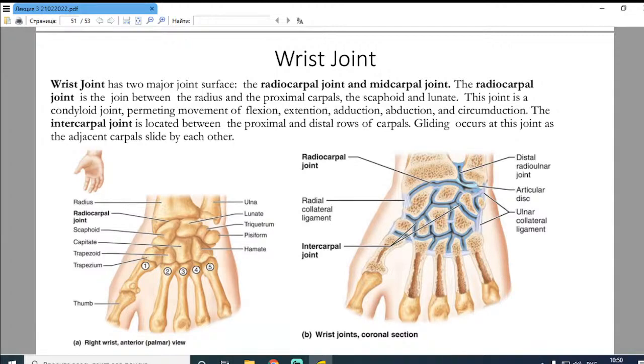The intercarpal joint is located between the proximal and distal rows of carpals. Gliding occurs at this joint and the adjacent carpals slide over each other.